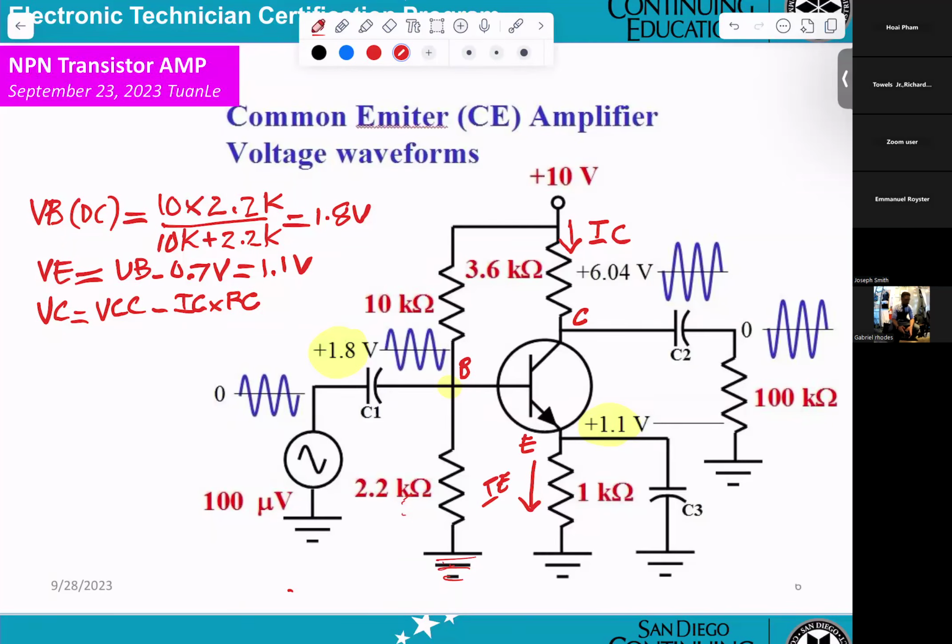Okay, easy to calculate the IE. VE divided by RE. VE is 1.1 divided by 1K, that is 1.1 milliamp.